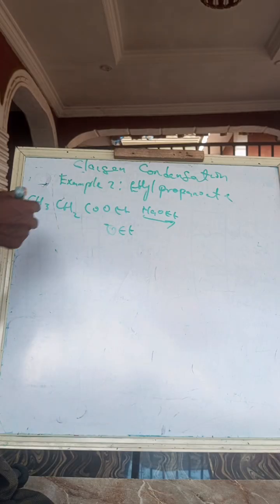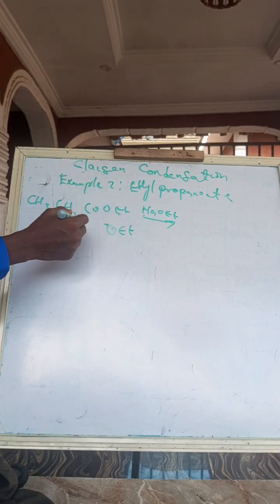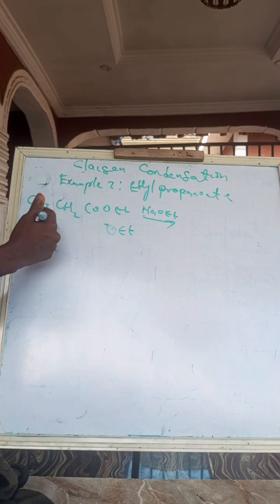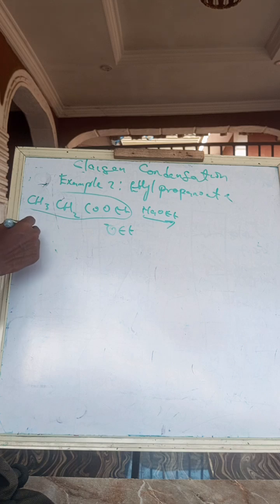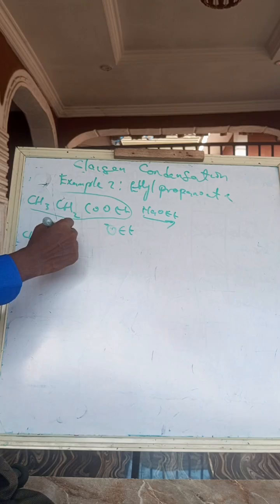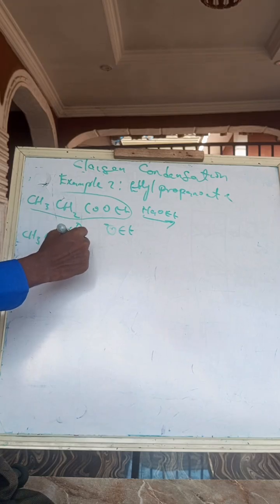Let's break this structure down. We have CH3CH2C double bond OEt.